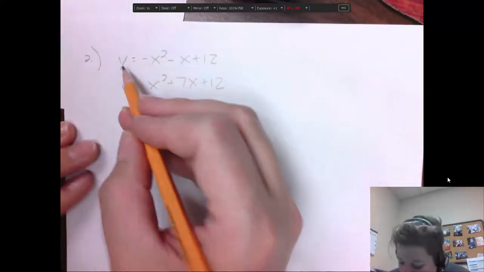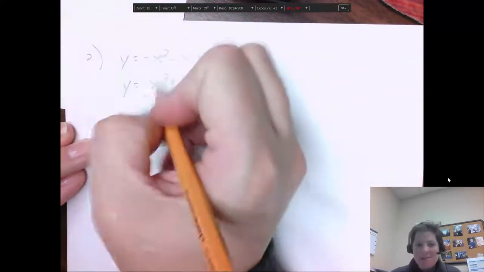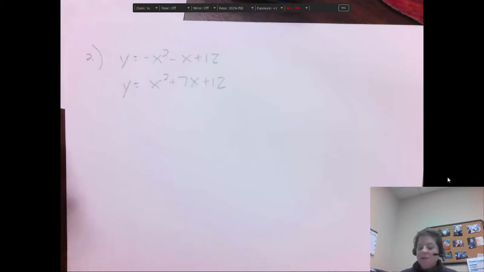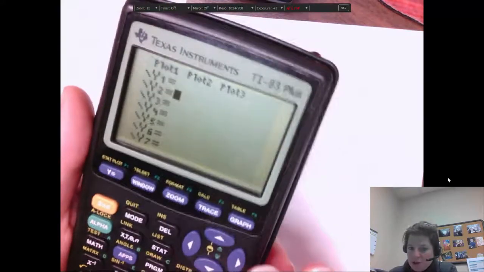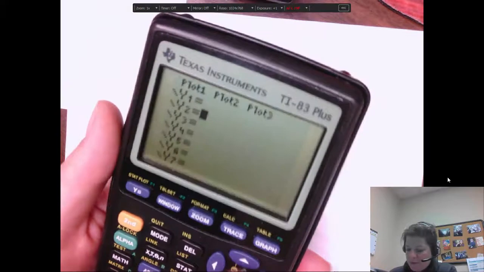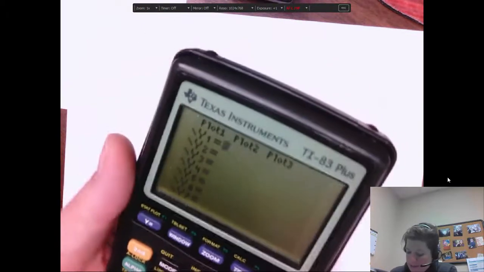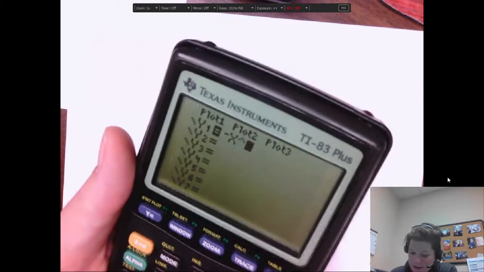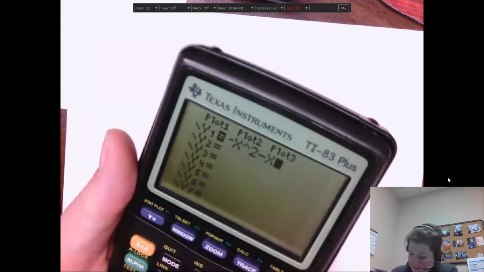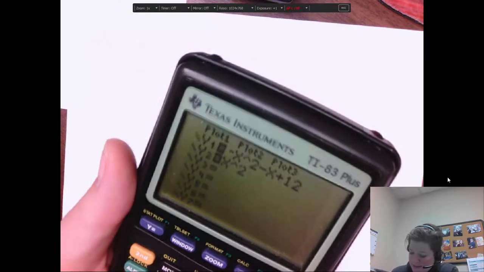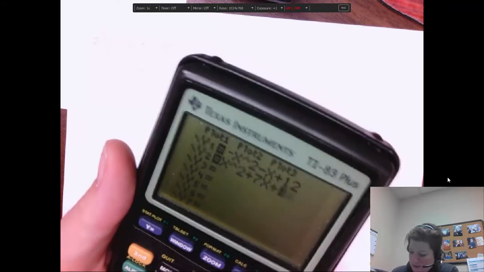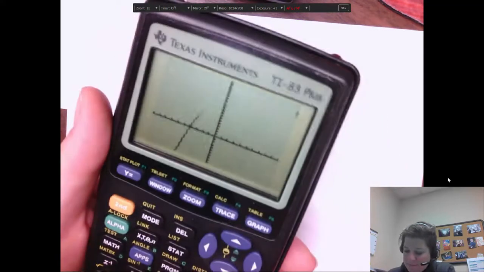Okay, so I have two that are an x squared. That means they're both a parabola. So let's look again at what these look like in general. So I'm going to hit y equals and clear out, push clear, and then enter, and you can see those equations are gone. So I'm going to put in negative x squared minus x plus 12, and I'm going to put in x squared plus 7x plus 12, and I'm going to hit graph.